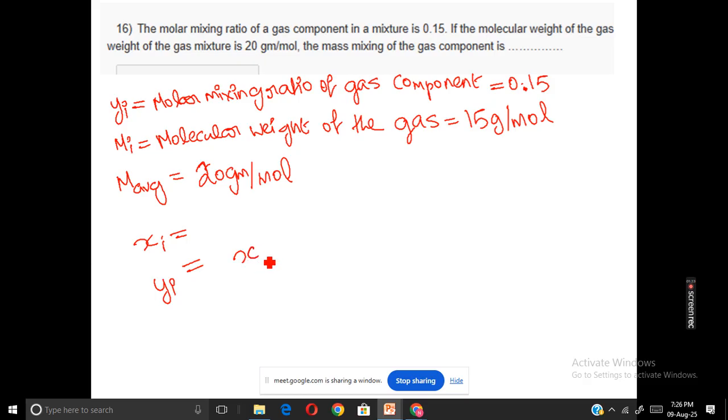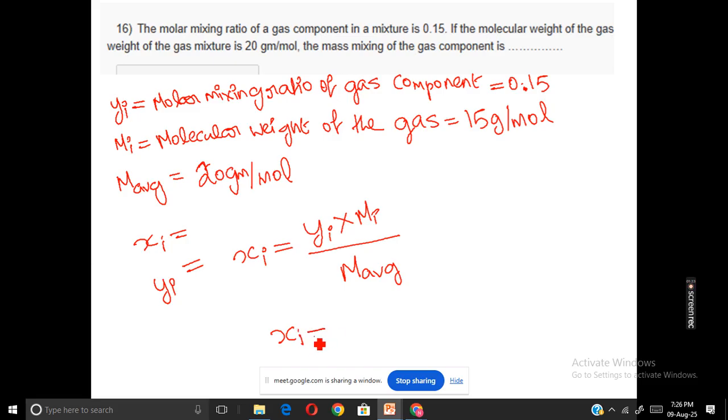So mass mixing ratio, let it be Xi. Xi is equal to the molar mixing ratio of the gaseous component into the molecular weight of the gas, divided by the average weight of the gas mixture.